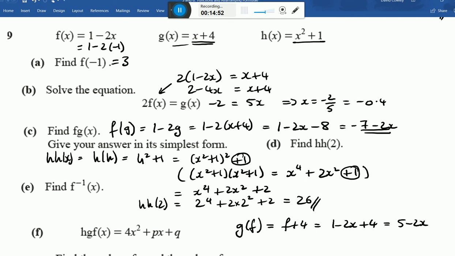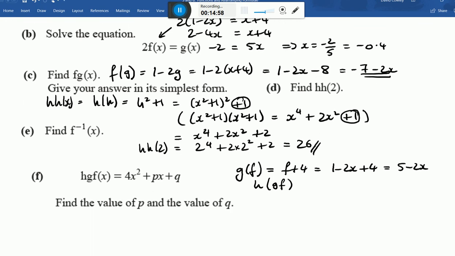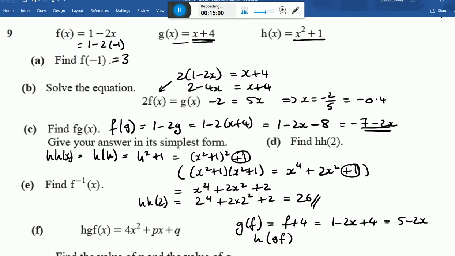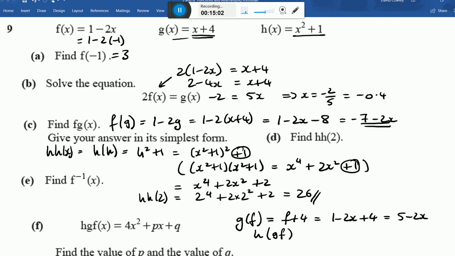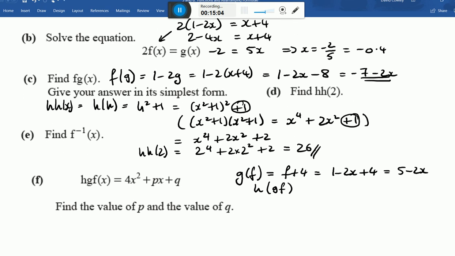So h of gf is equal to gf squared plus 1. Which is equal to 5 minus 2x squared plus 1.